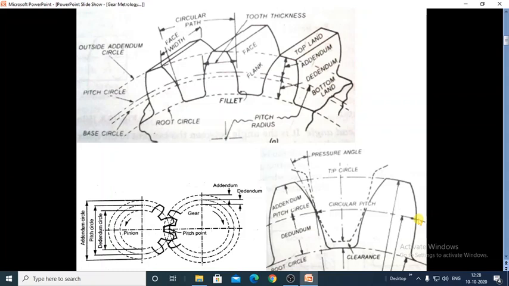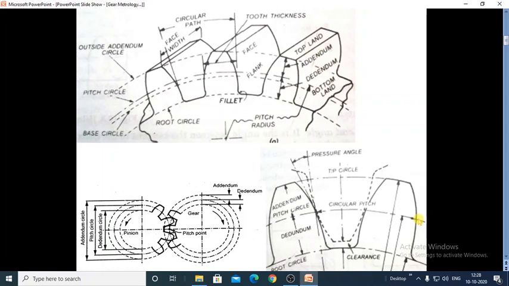Now what is the module? Module is the linear distance in mm that each tooth of the gear would occupy if the gear teeth were spaced along the pitch diameter.